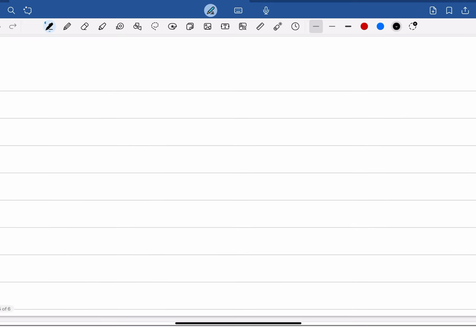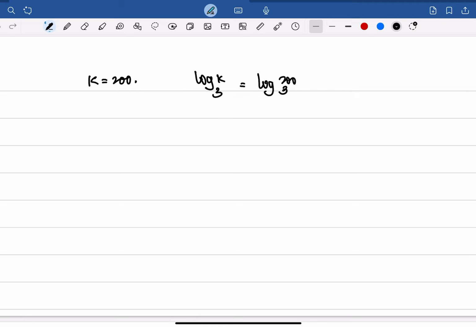If k is equal to 200, you see what approach we are following? We are simply calculating the values of logarithms without any tables, without any calculators. If k is equal to 200, then what will be log k to the base 3? Log 200 to the base 3. 3 to the power of how much will be around 200? 3 to the power of 5 is 243.